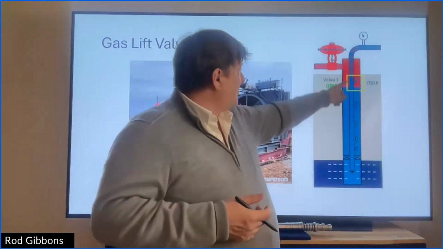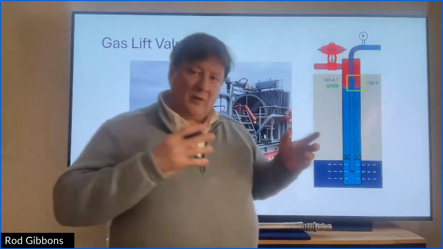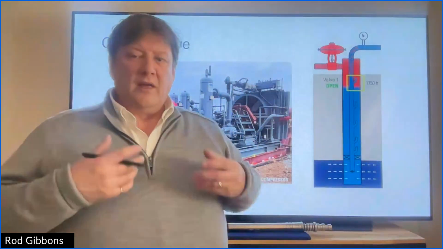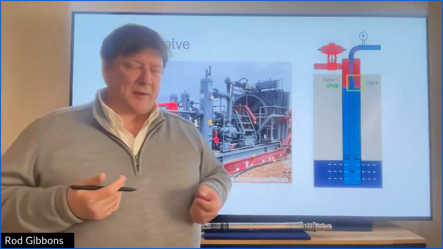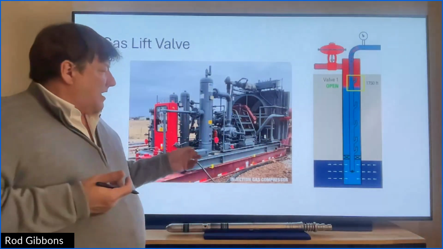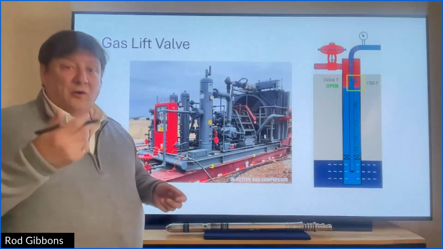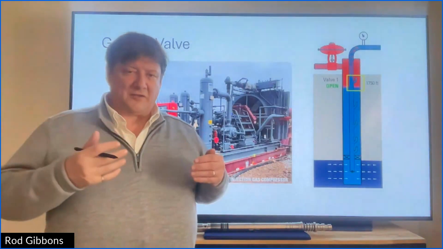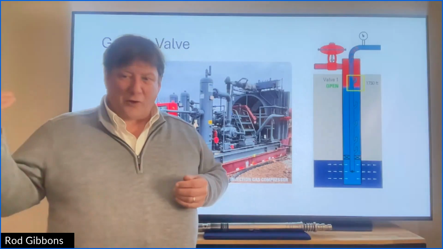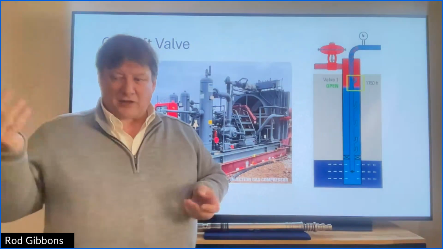In this diagram, these red bubbles are the gas, and the blue is water and oil. So again, we're using gas as a fuel source for our operations. To get this fluid to flow, when we look at our IPR and our VLP, our lift curves, we want to have that surface pressure low so that the well will flow easier against the lower pressure.